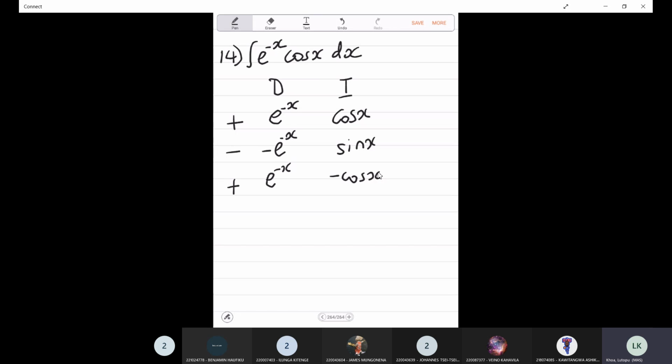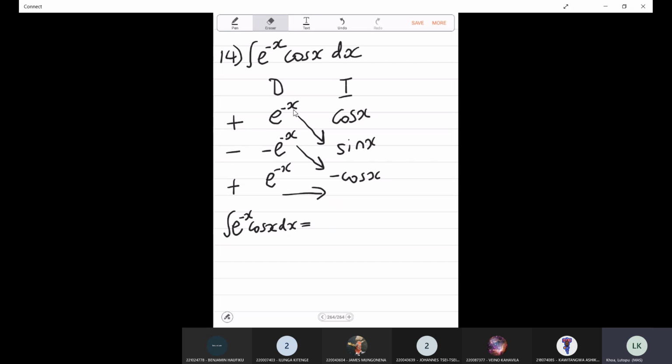So I integrate e to the power of minus x cos x dx. These are my solutions, and then the final one is the integral along the last row. So the first one is positive, so it's positive times negative. My answer will be negative e to the power of minus, sorry, what am I doing? I'm looking at the wrong one.